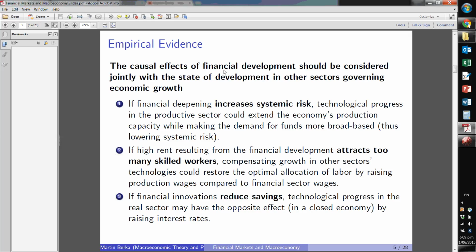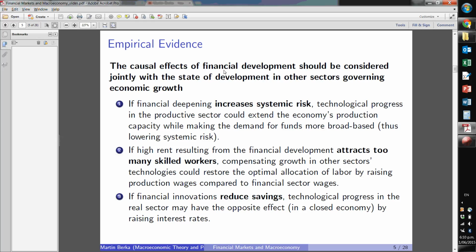If there are too many workers who want to go to finance and they cannot be used somewhere else, so skilled workers, math PhDs ending up working in financial institutions, from a social point of view that may be suboptimal, and it may create socially inefficiently high wages in the financial sector, and socially suboptimally or inefficiently low wages in the productive sectors such as manufacturing, or any other productive sector. So, yeah.